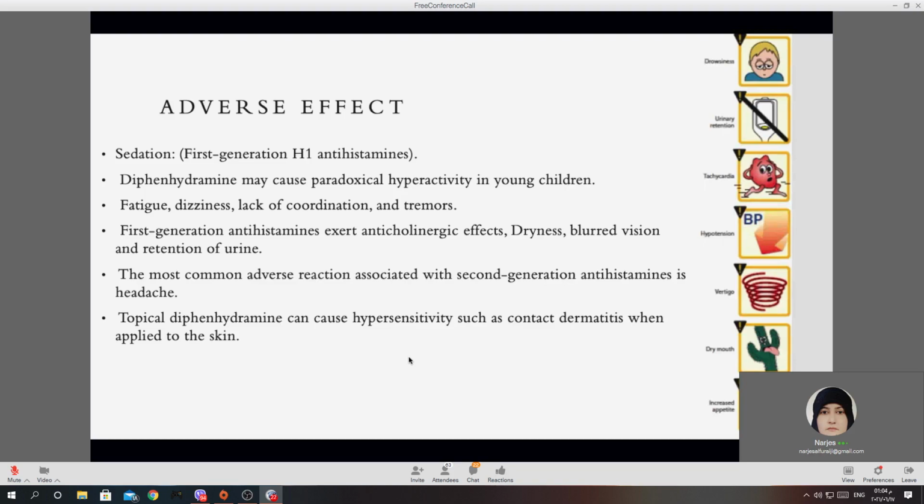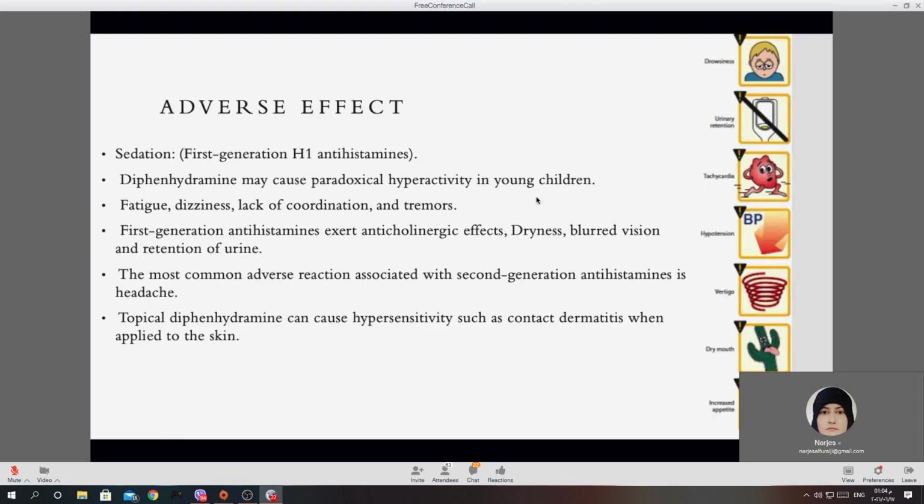So what's the most common side effect or adverse effect that can be seen generally with H1 blockers? Sedation, specifically for first generation. Chlorpheniramine or diphenhydramine may cause paradoxical hyperactivity in young children, so should be used in consultation with the physician.